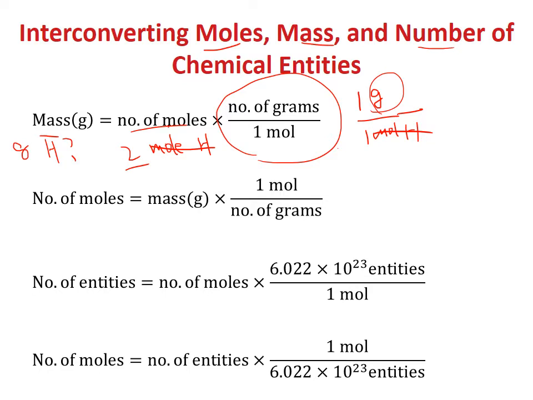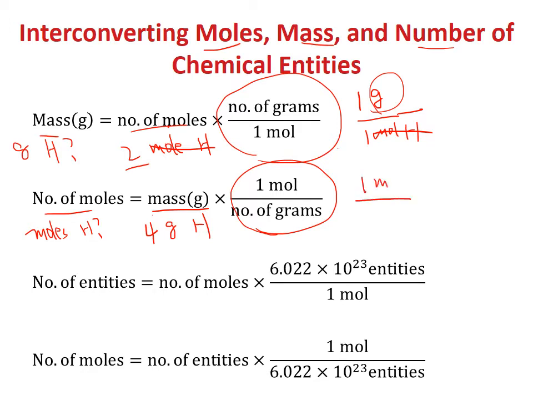Now, if we have mass, how do we know moles? Again, we have 4 grams of hydrogen. How many moles of hydrogen? We still use the molar mass, but this time we need to invert it. So this time we use 1 mole hydrogen over 1 gram hydrogen.